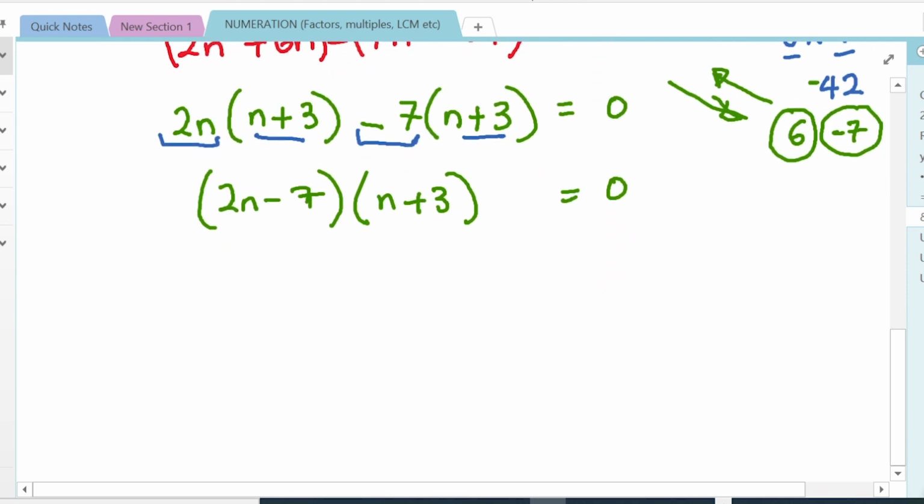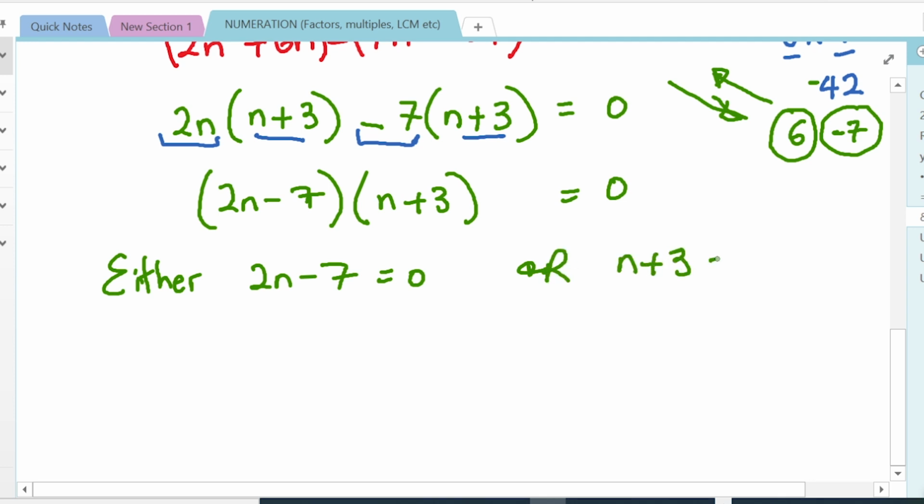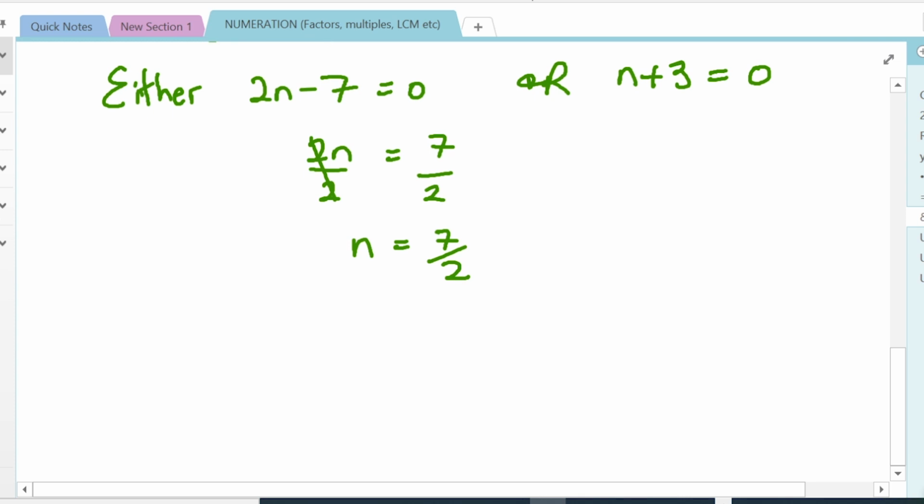And then from there, we can simply say either 2n minus 7 is equal to 0 or n plus 3 is equal to 0. So we shall end up having 2n is equal to 7, divided by 2, divided by 2. This goes with that, n is equal to 7 over 2, like that, or n is equal to negative 3.